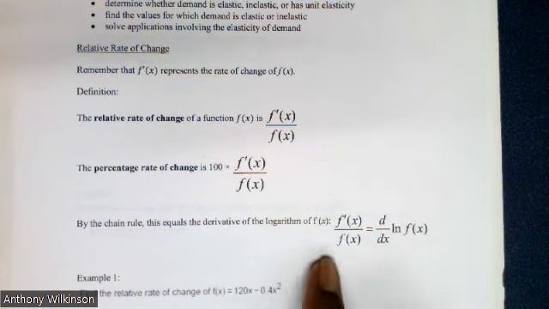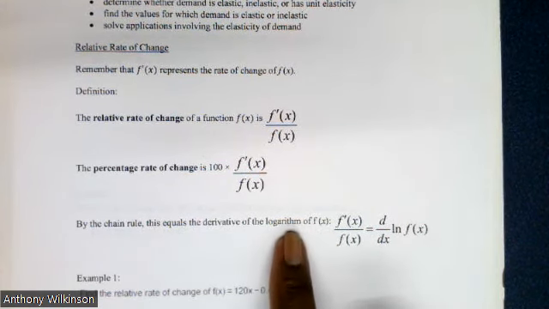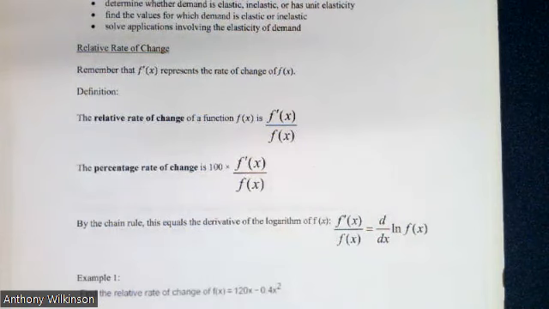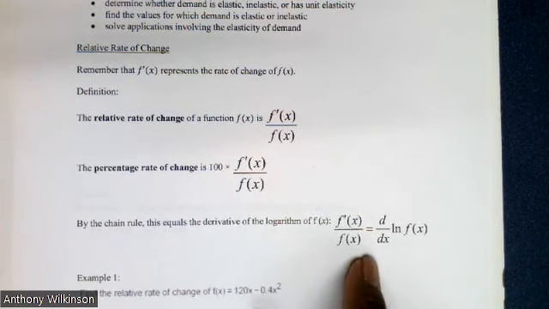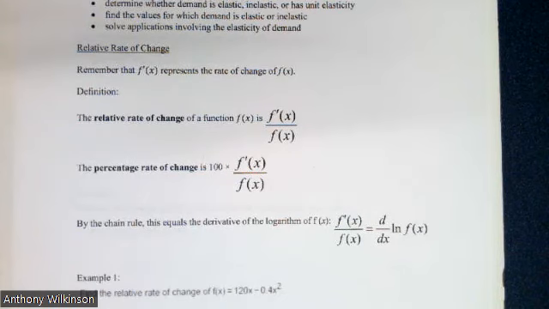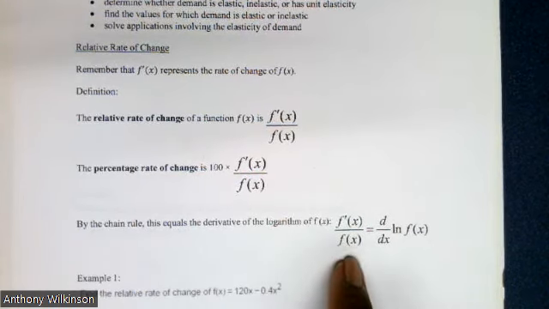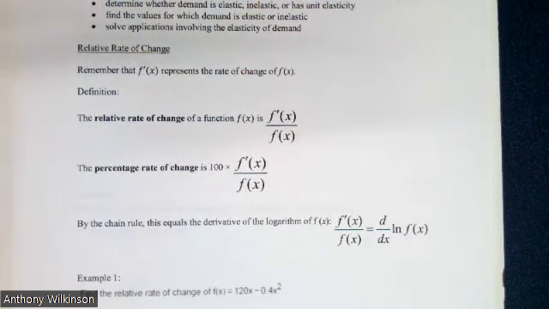So if you have the log of the function f of x, then you can take the derivative of that by doing 1 over f of x times the inside derivative, which is f prime of x. So this ratio here is the same as taking the derivative of the natural log of f of x with respect to x.